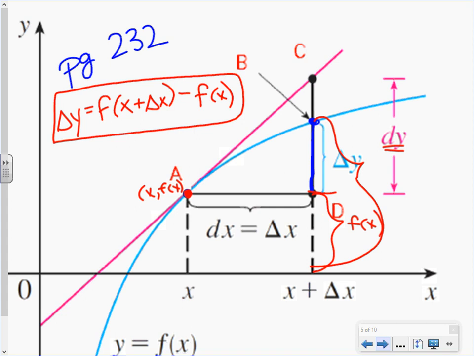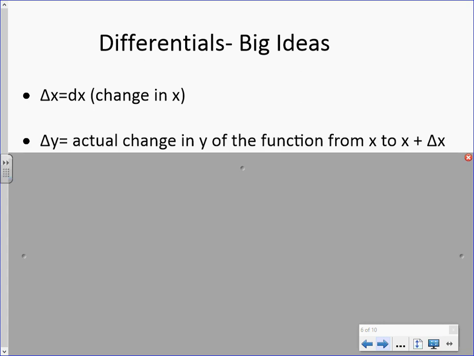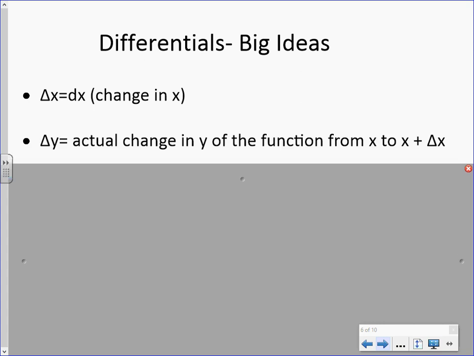Here's what you need to write down. Delta x and dx are always going to be the same thing. Change in x and dx are always going to be the same thing. They're interchangeable. Their values are the same. As in that picture, delta y is the actual change in y of the function from x to x plus delta x.